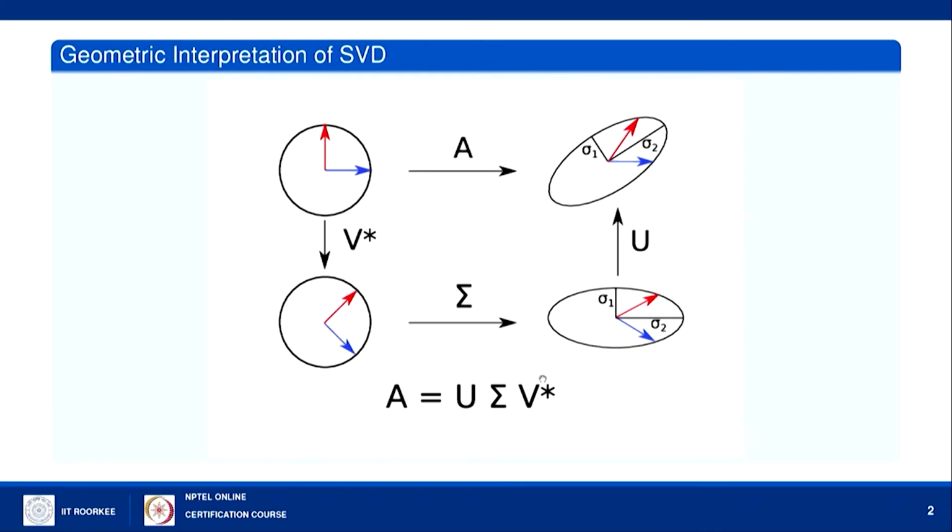Now, when I apply A onto this circle, let us say this object is B. So, U sigma V star into B. First, I will apply V star on it. V is an orthogonal matrix, so V transpose, being orthogonal, rotates the object by some angle.